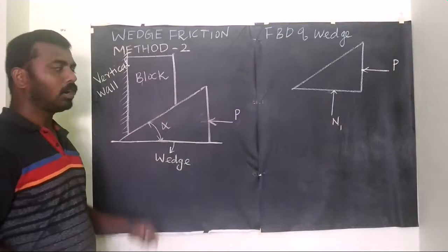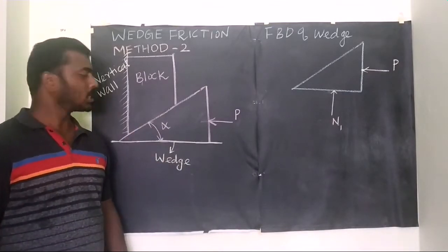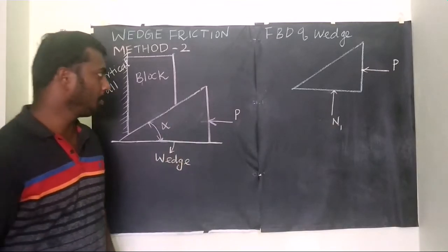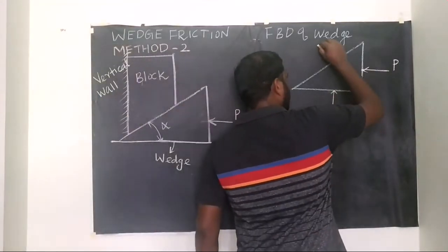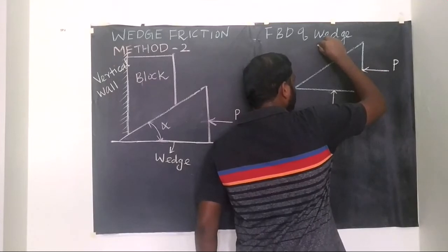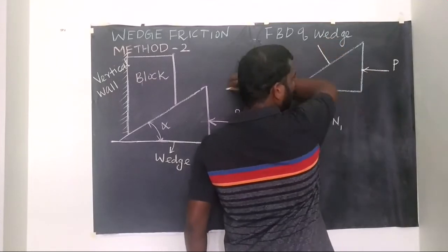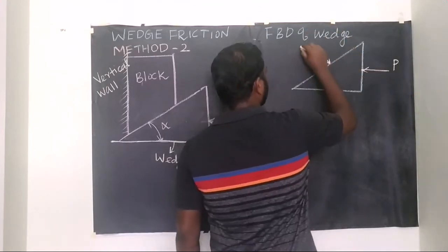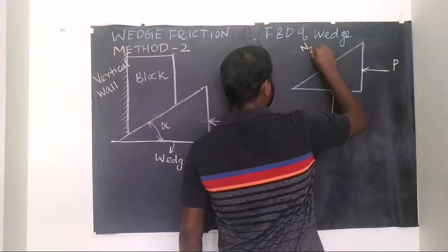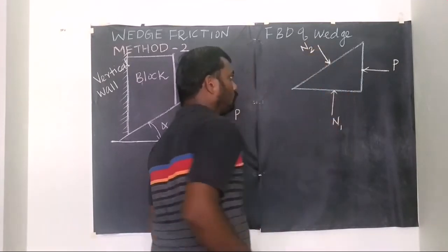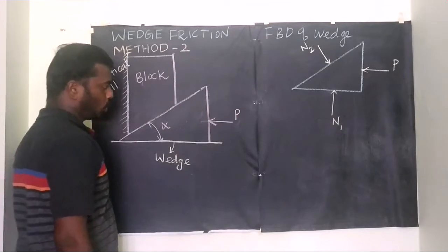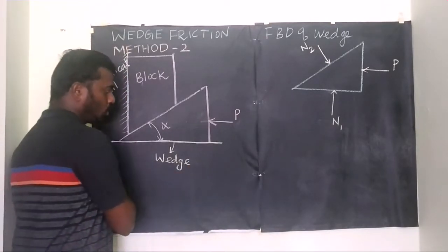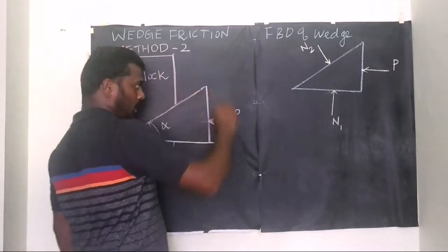Then this heavy block exerts some normal reaction force on this wedge to keep it in equilibrium. That should be shown here. This is my normal reaction force due to this heavy block, denoted by the letter N2. Then come to the limiting friction force. Due to the application of this external force, the limiting friction force acts towards the right, and here towards up.